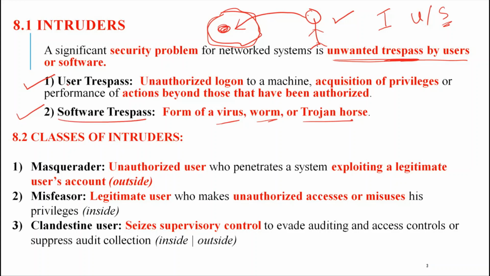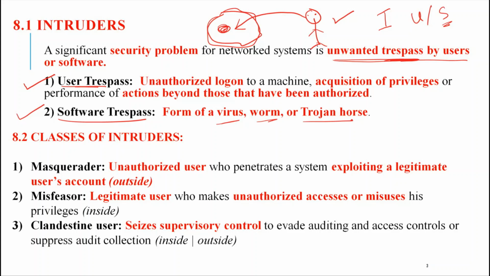If you go for a user trespass, it means an unauthorized person. He is going to enter into my network and he is going to acquire the privileges, and he will become an administrator of the system. So this is the user trespass, an unauthorized login.